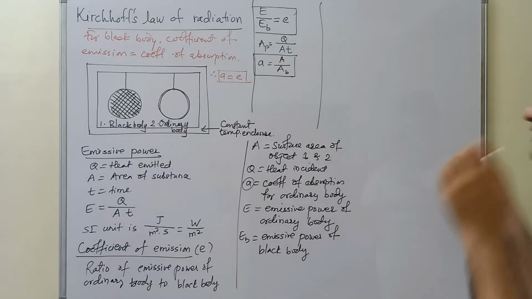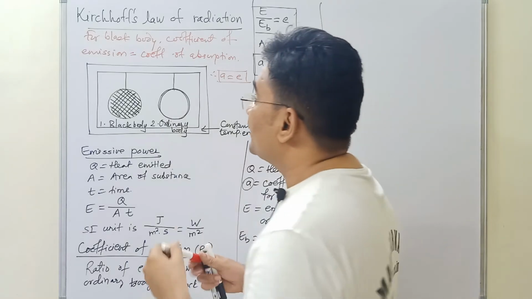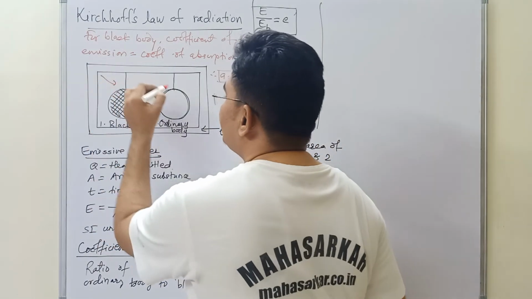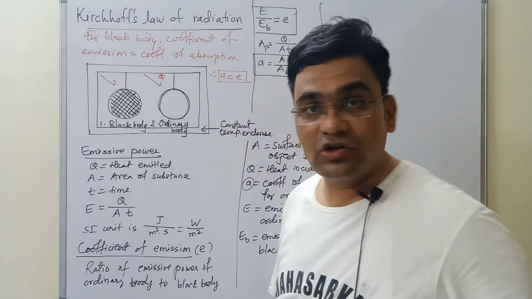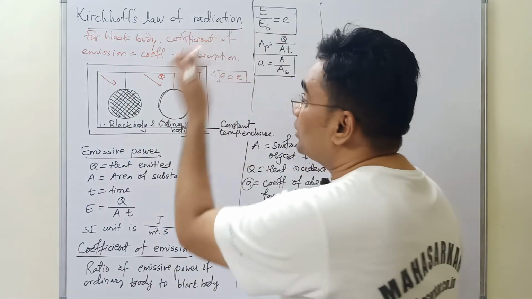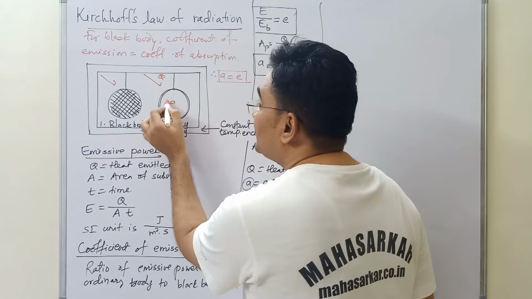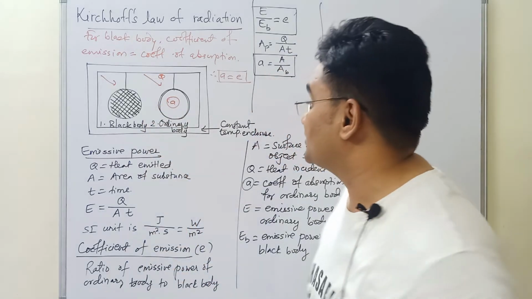If Q is the amount of heat, first we will consider the ordinary body. So Q amount of heat is incident on the ordinary body. Out of that, how much heat is absorbed depends upon its coefficient of absorption.